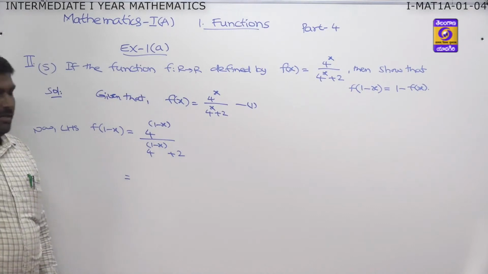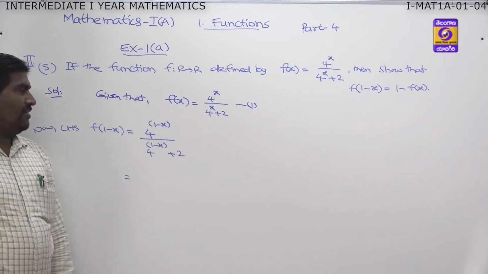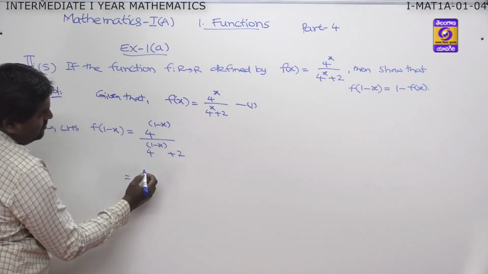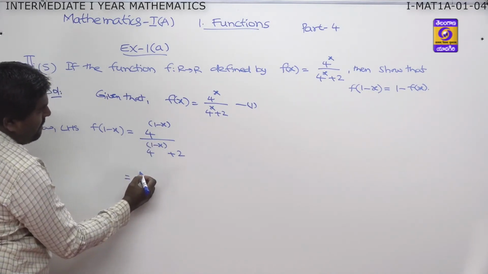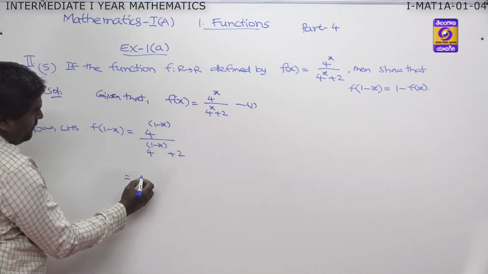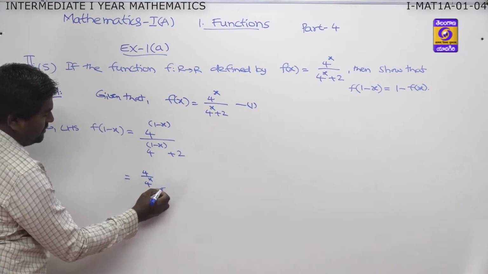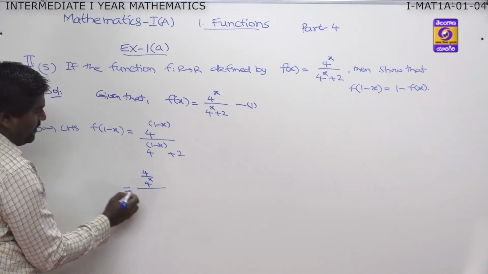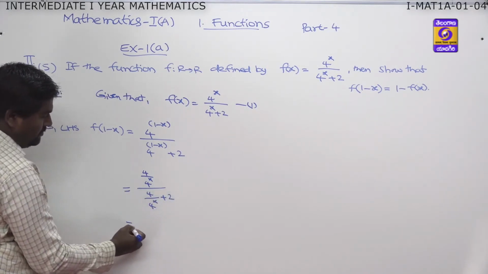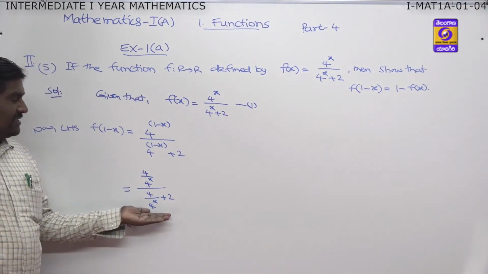On the right hand side, recalling the properties of exponentials, we can write 4 power 1 or 4 by 4 power x by, here also, 4 by 4 power x plus 2. In the denominator, it is the addition of two fractions. We have to take the LCM here.